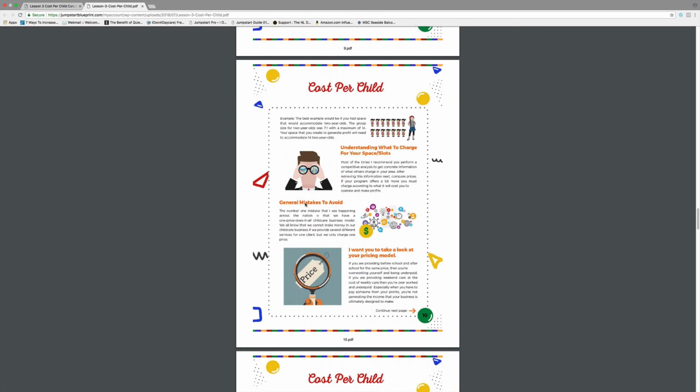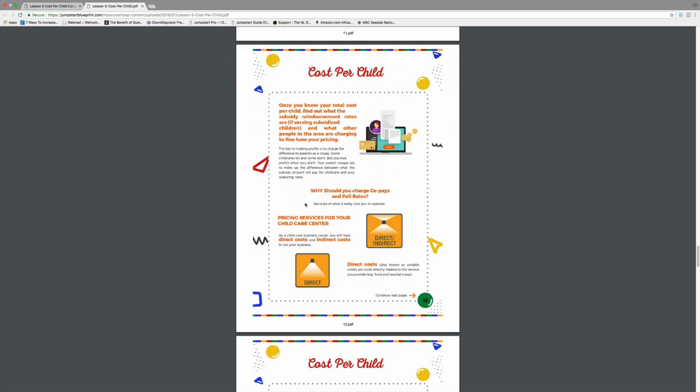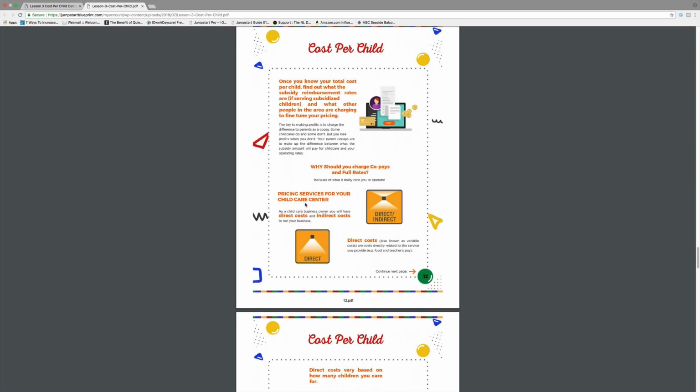The next one is, should you charge co-pays or full rates? You want to be clear as to what's direct cost and what's indirect cost in your business.